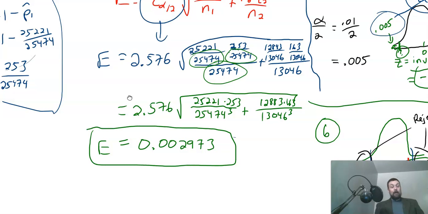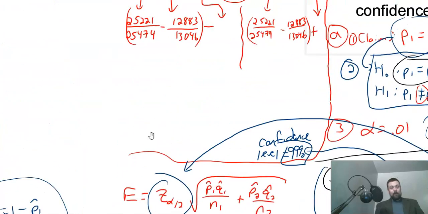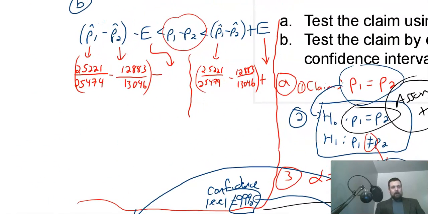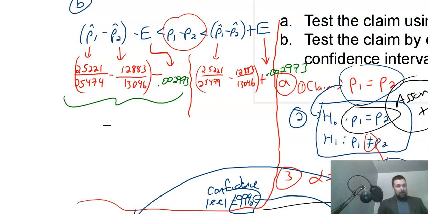Now I can calculate the confidence interval. So I go back up here with that margin of error. And so that's what I'm going to put here. It's going to be 0.002973. And same thing here, 0.002973. All right. And so this is what I type into my calculator to get my lower estimate.